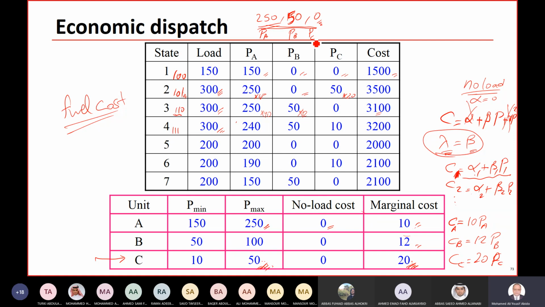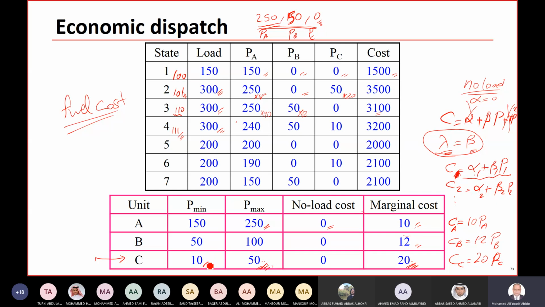But this is not that combination. The combination here is 111. This machine is switched on here. For this combination, it is on. So you have to run it at least at the minimum power output. You cannot put it at 0. But you are talking about this combination, not that combination. If it is on, you have to load it. Okay? You cannot say no, the power is 0.